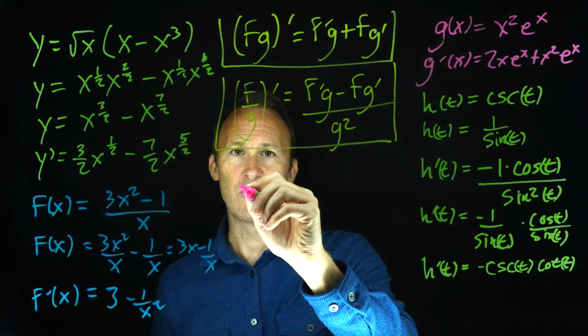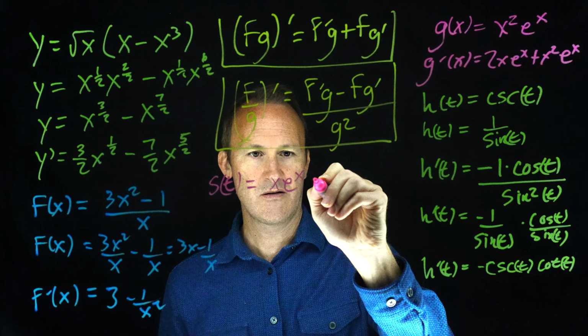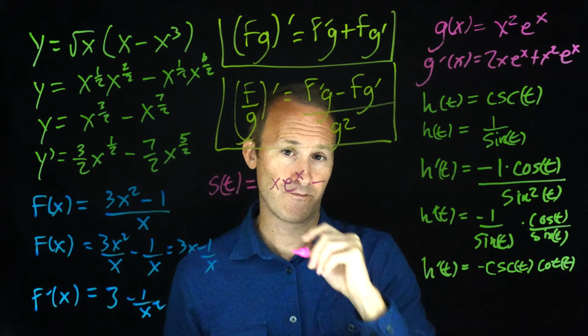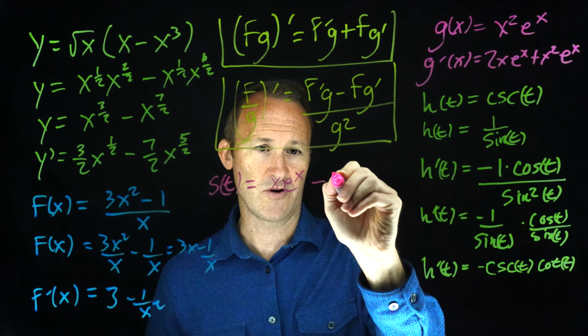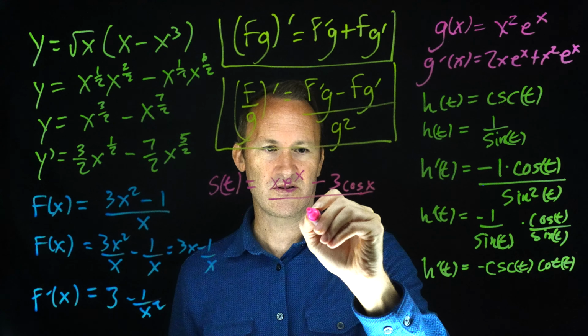Okay, let's try the following. How about S of t? S of t is going to equal x e to the x minus 3 cosine of x, all over x cubed.